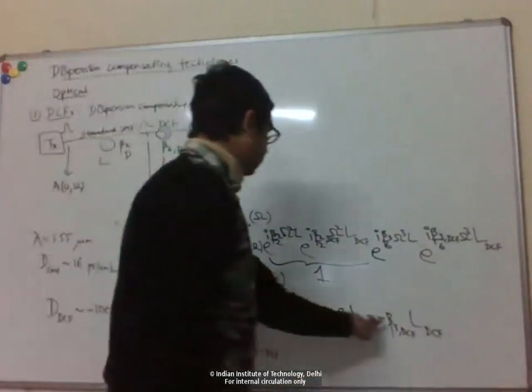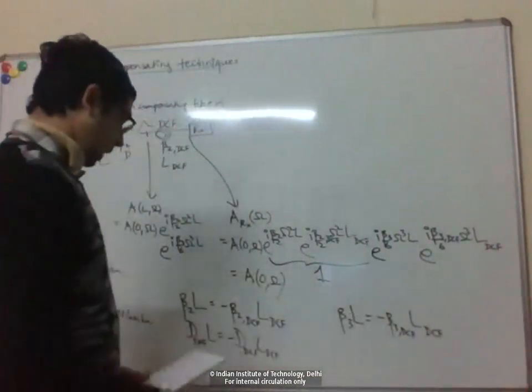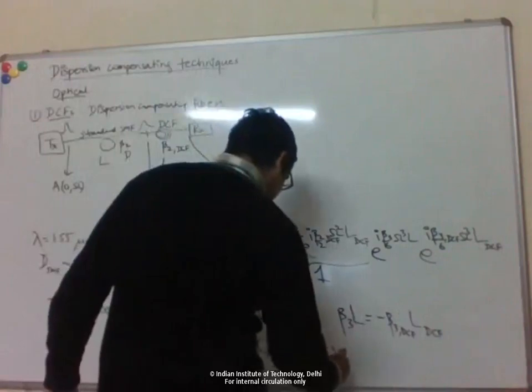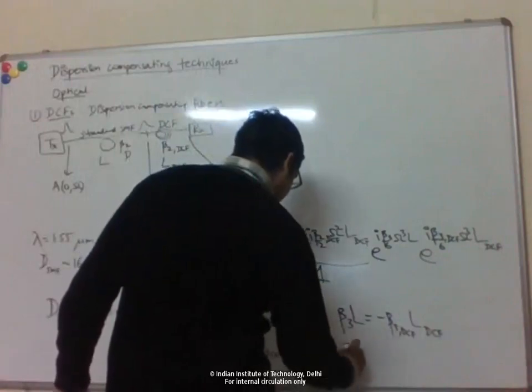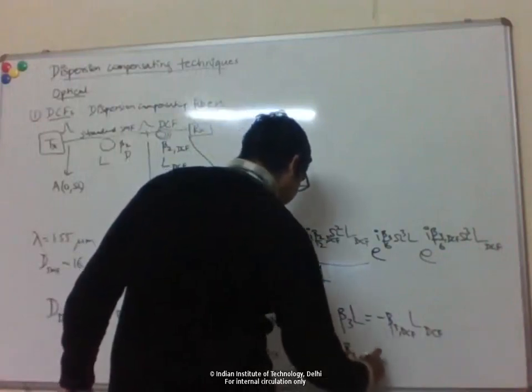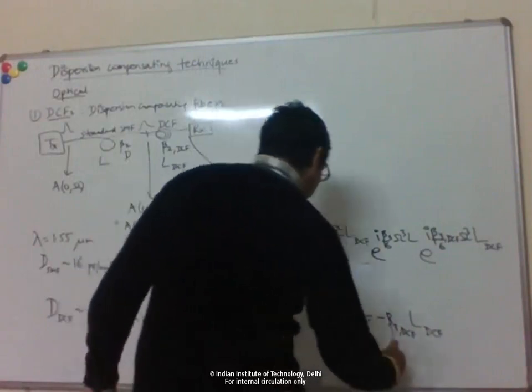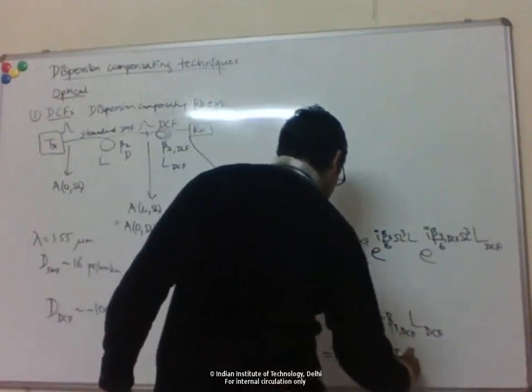So if you can get these conditions simultaneously, right, that would happen if the beta 3 of your dispersion compensating fiber has this value.